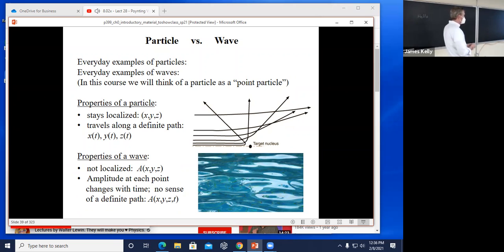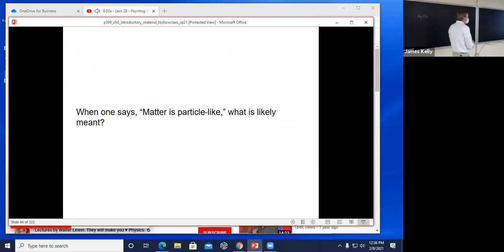The medium here is the surface of the water. There's an amplitude at each point that changes with time, but there's no sense of a definite path, right? As time goes on, this water wave is wiggling everywhere. It's not that it moves from here to there. Everywhere is just wiggling and jiggling all over the pool. So that's really different than a particle.